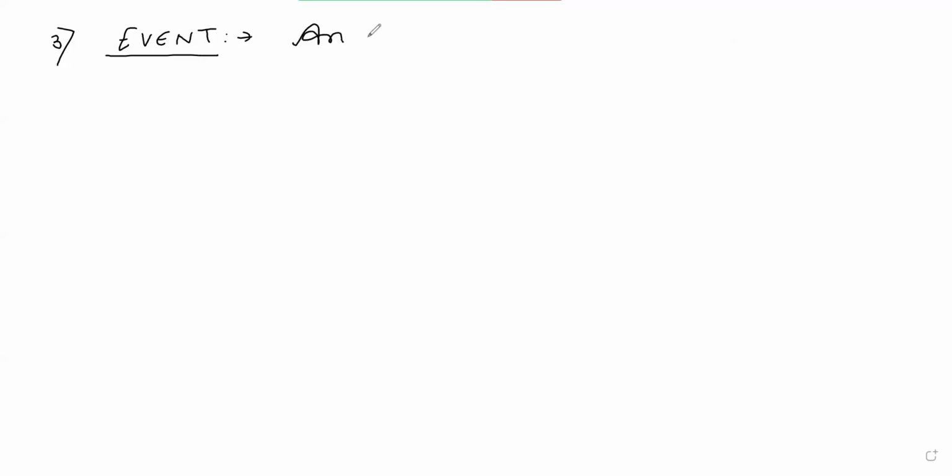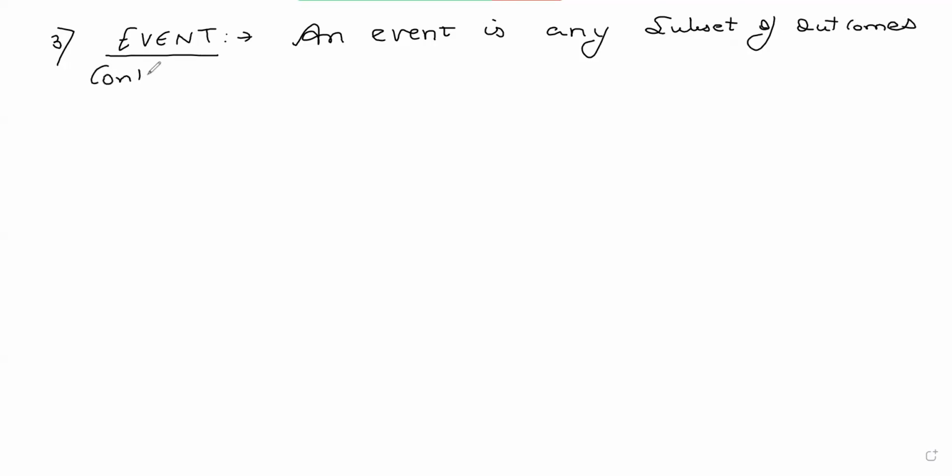So an event is any subset of outcomes contained in the sample space delta.